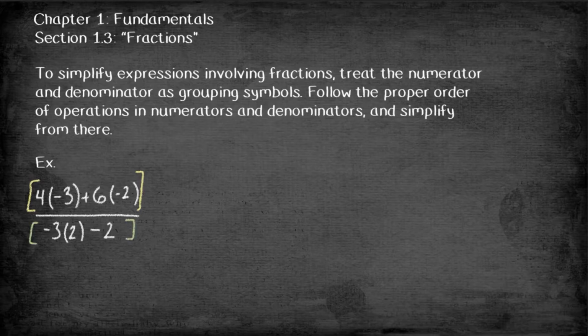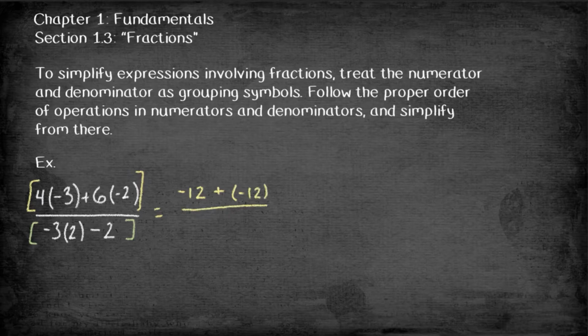So when I go to simplify, what I want to do is first evaluate what's in the numerator. So if I simplify, I have 4 times -3, that gives me -12, plus 6 times -2, it is also -12.